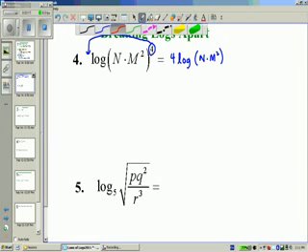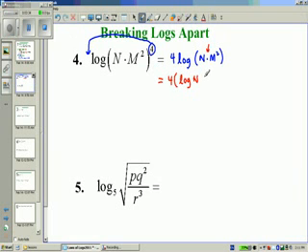Well, now when I take a look at the big picture here, I basically have a product. So I'm going to use the first rule that says I can split this into 4. I'm going to need parentheses here because it's going to be log of n plus log of m squared.